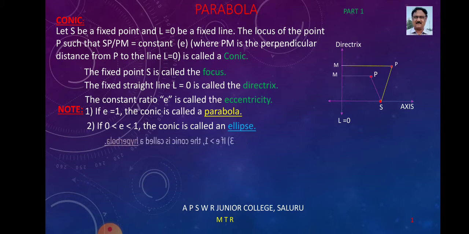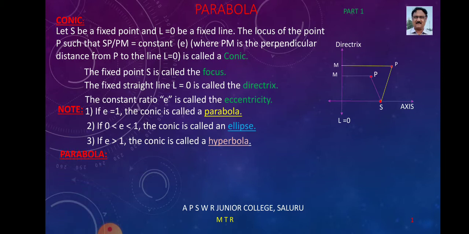If E is greater than 1, the conic is called a hyperbola. So the conic is a parabola when E = 1, an ellipse if 0 < E < 1, and a hyperbola if E > 1.